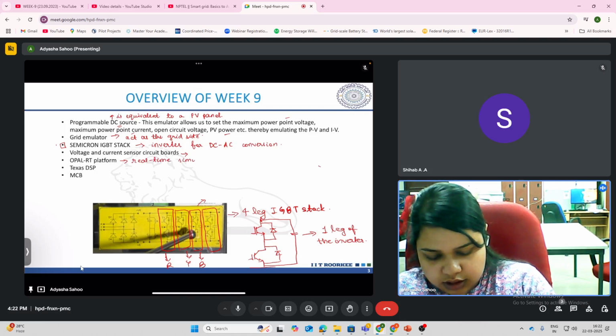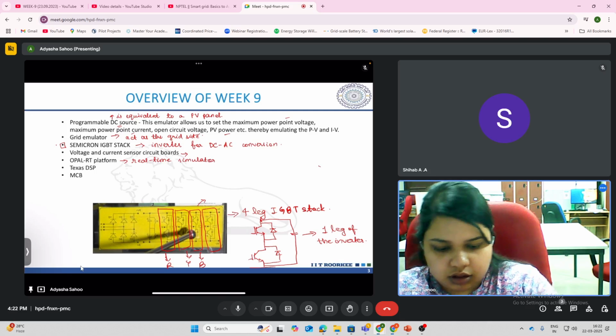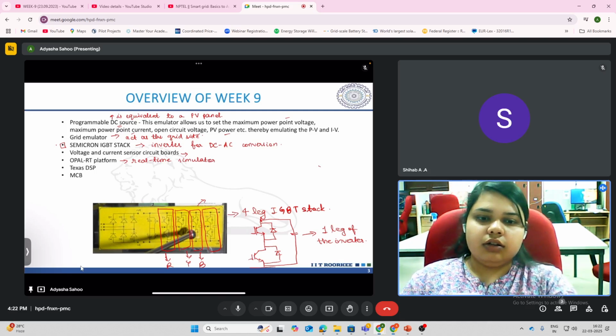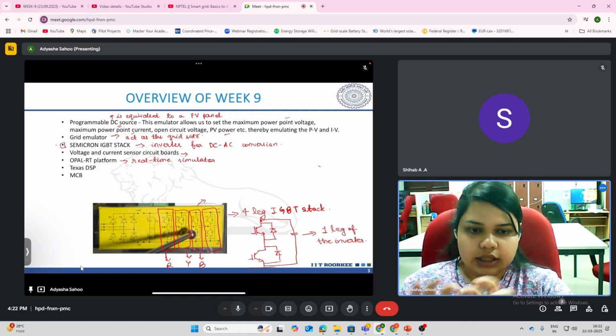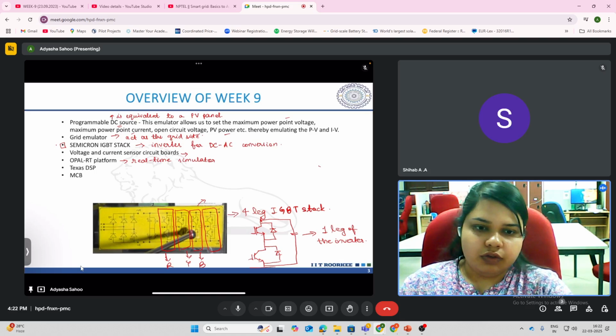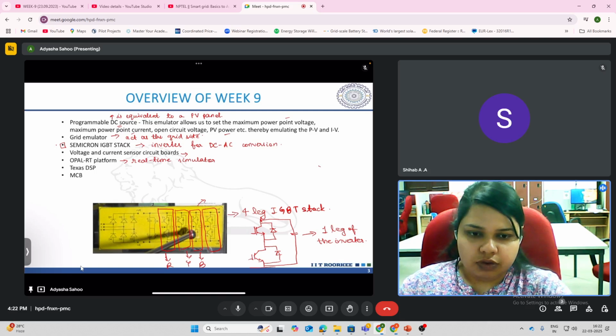Now, what does this real-time simulator do? Before implementing any control logic in the inverters, we first implement it in the software, using the MATLAB platform. You have the Simulink platform where you join the various components and switches, and you build the system in the software.